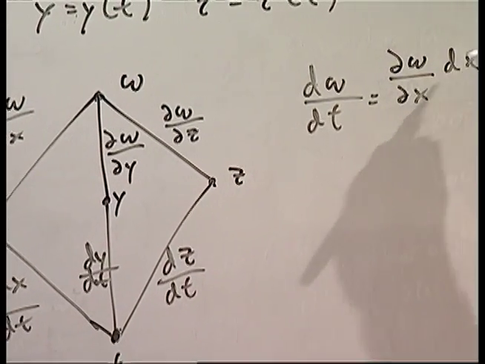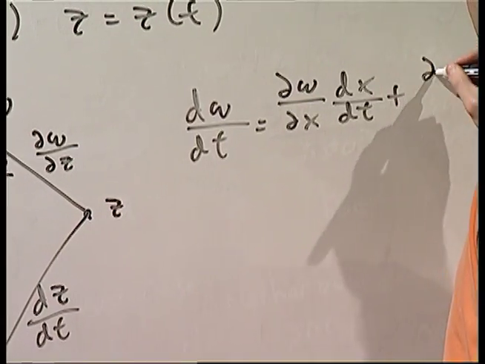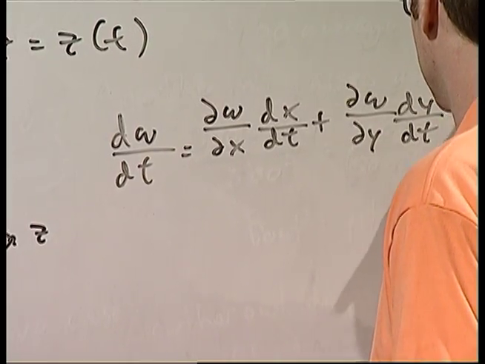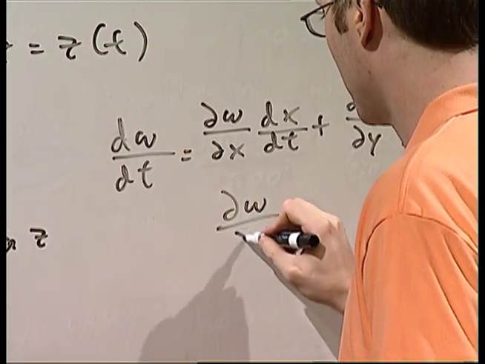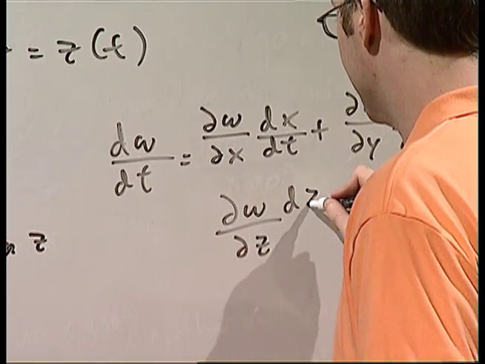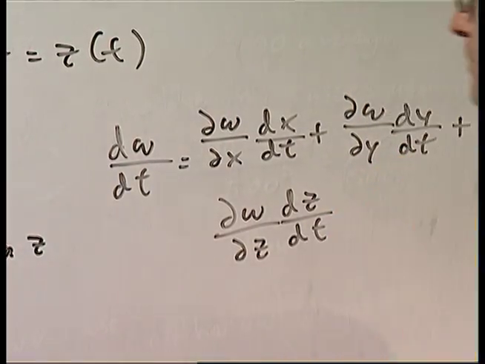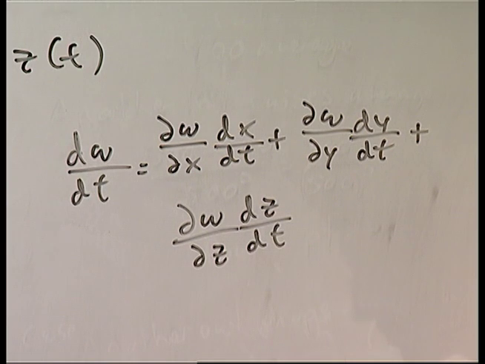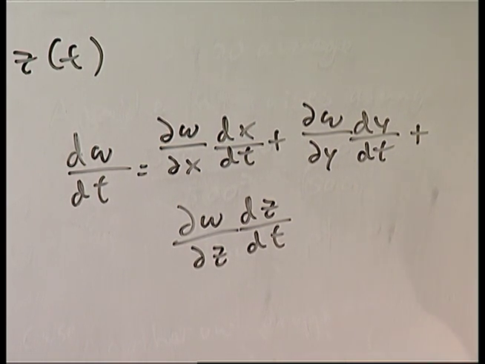It is the summation of partial w, partial x times dx/dt, plus partial w, partial y times dy/dt, plus partial w, partial z times dz/dt. So no surprises at all in the 3 variable chain rule. Absolutely none.